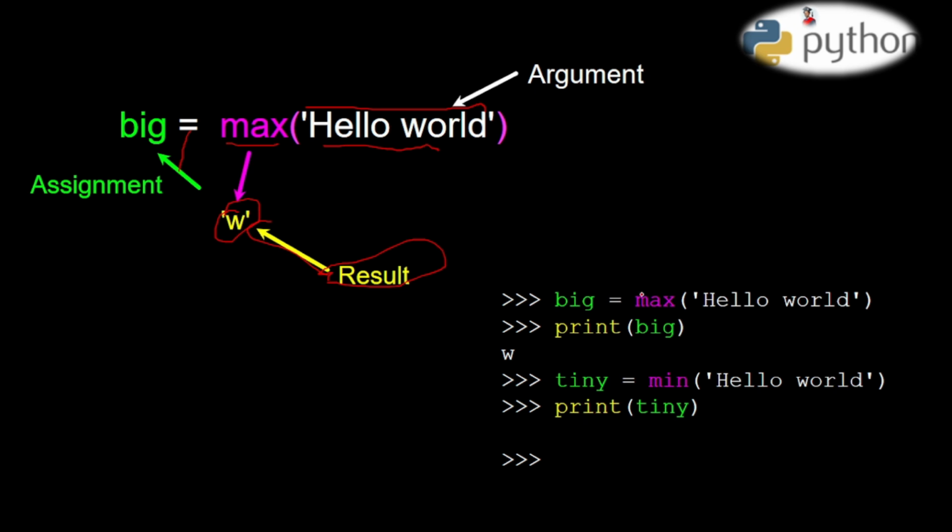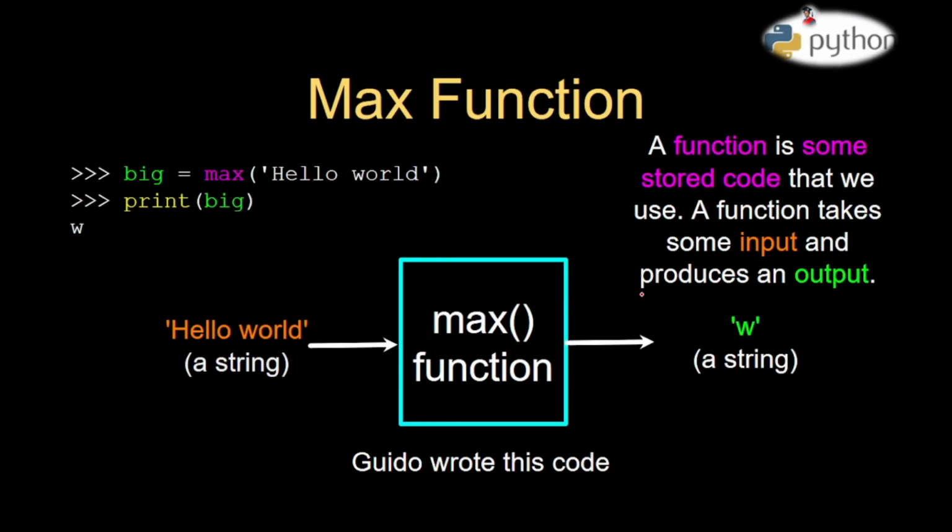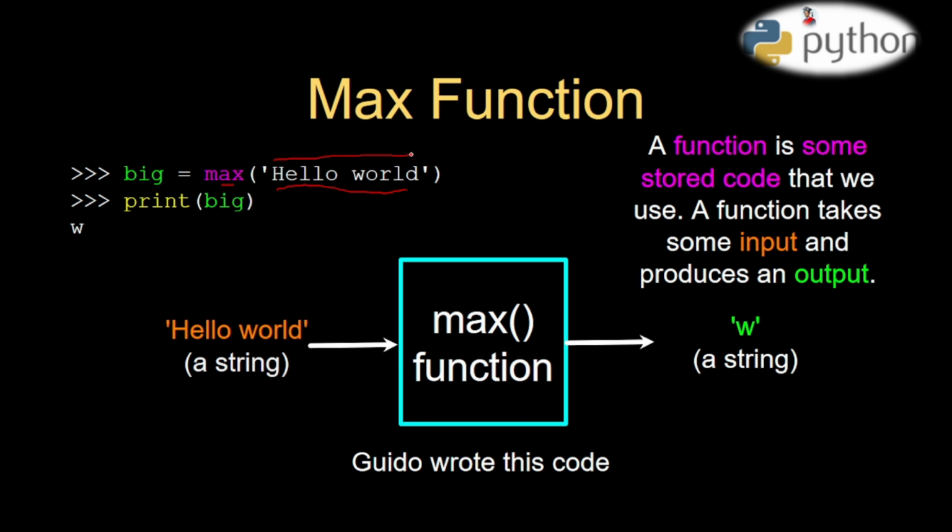So what the max function does: a function is some stored code that we use. A function takes some input, processes some steps or operations, and produces an output, like this one. big equals max of 'hello world'. 'hello world' is the literal value we pass to this function, or simply an argument.